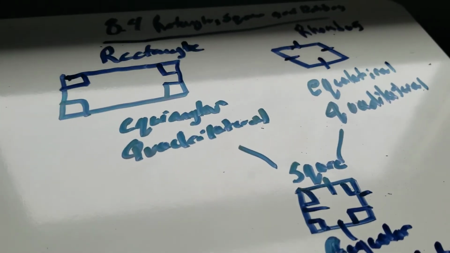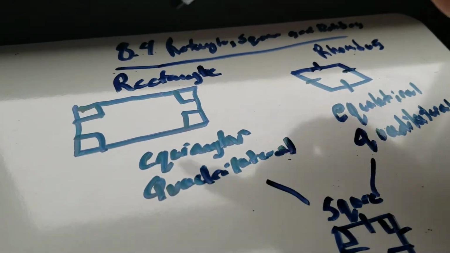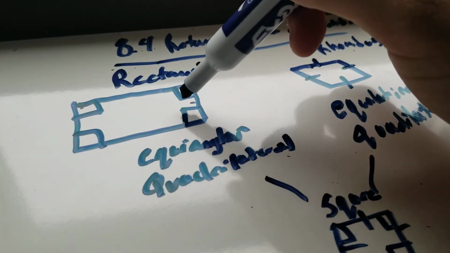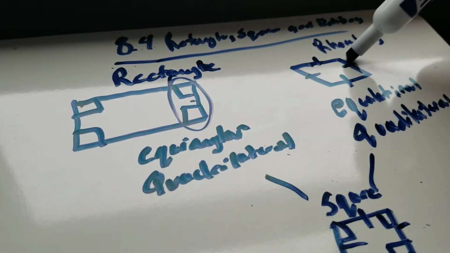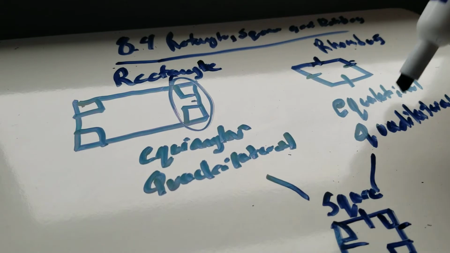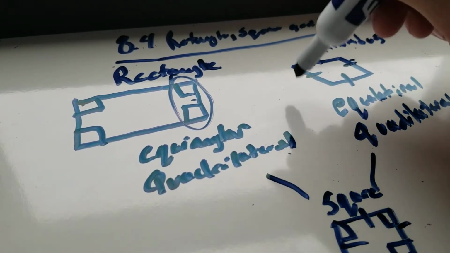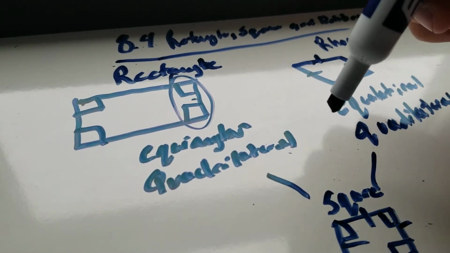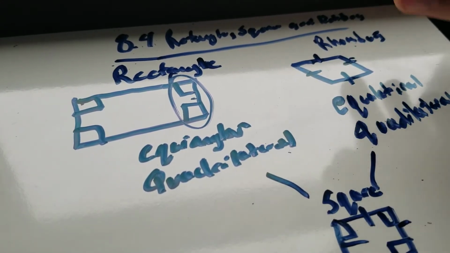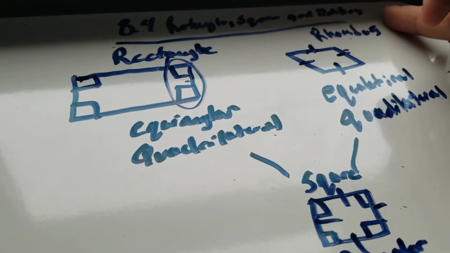And I should mention that all of these are parallelograms, because the angles add up to 180, or the opposite sides are equal. We could use the reasons from 8.2 and 8.3 to prove it, but you just need to know that they are parallelograms for a fact.